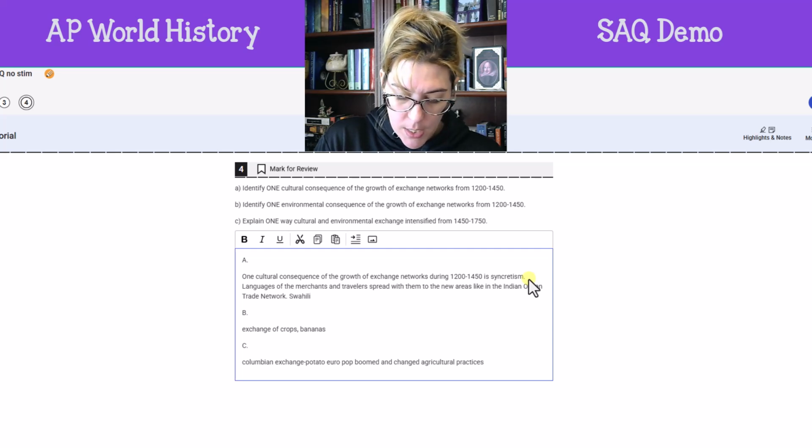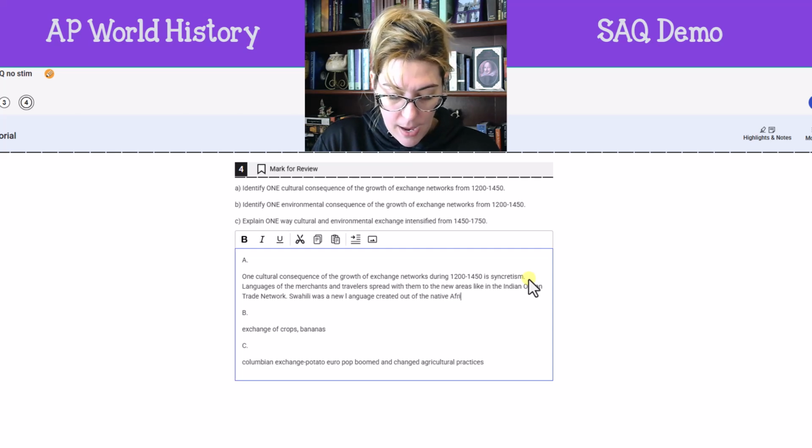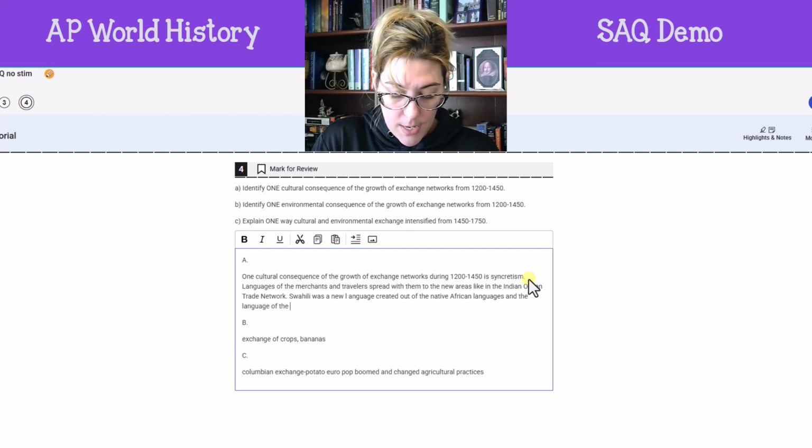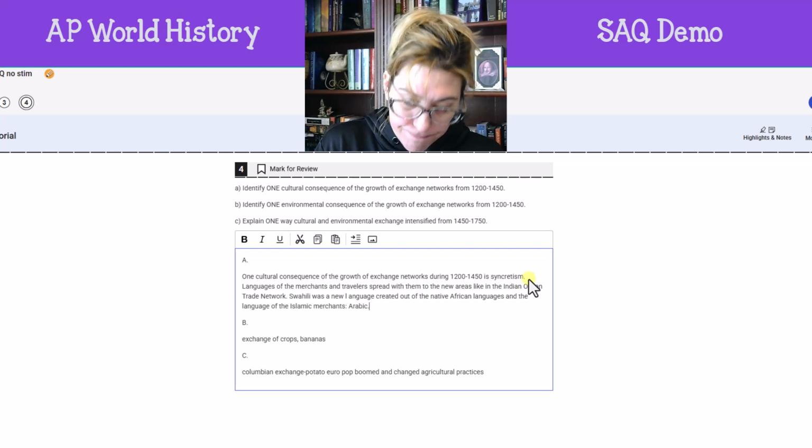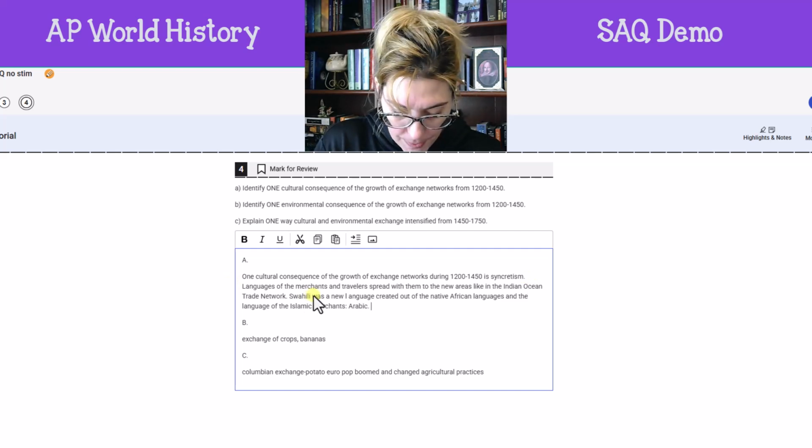Swahili was a new language created out of the native African languages and the language of the Islamic merchants, Arabic.